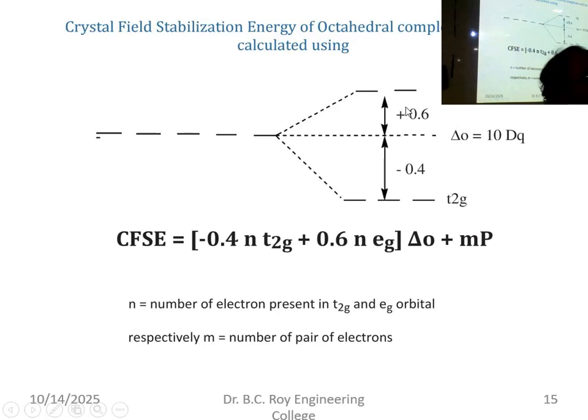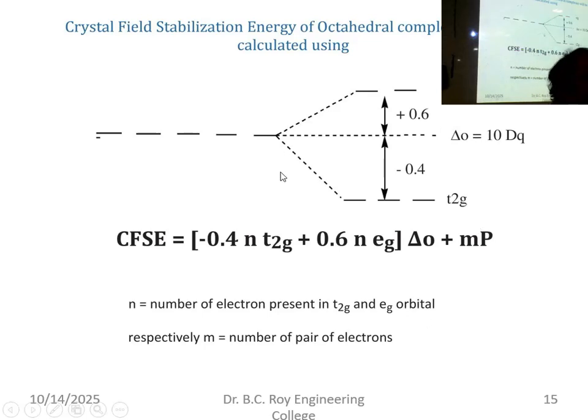Here it is plus 0.6 into 2, because there are 2 levels, that is plus 1.2. So overall the energy is balanced: energy has gone down, energy has gone up, overall balanced. That's why plus 0.6 is the upper part and minus 0.4 delta O is the lower part. Delta O means the splitting energy for an octahedral complex. So the CFSE is calculated accordingly.